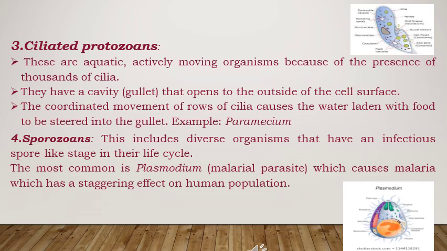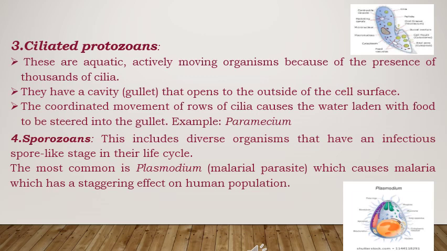They have a cavity that opens outside of the cell surface. So whenever there is food near these protozoans, the cilia coordinate with the gut to take in the food. For example, in paramecium.